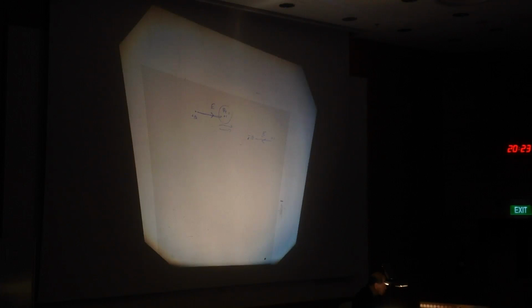Okay, so now we proceed to look at how to calculate the magnetic field coming out of a source of current, and the current is assumed to be DC, direct current.